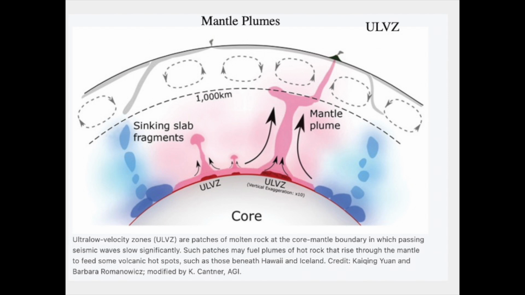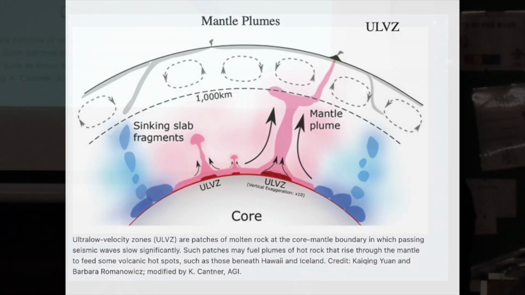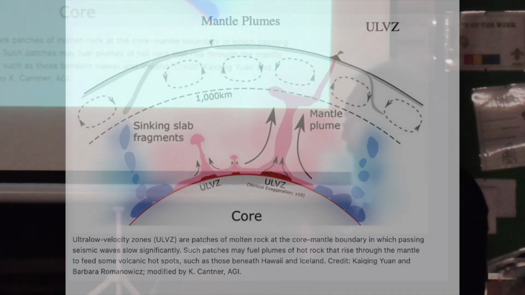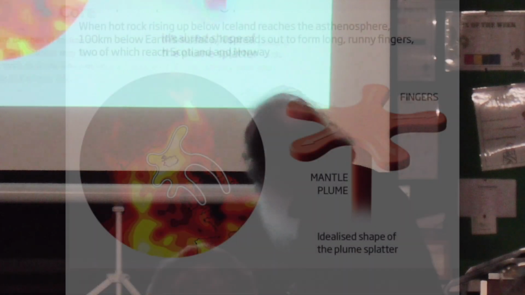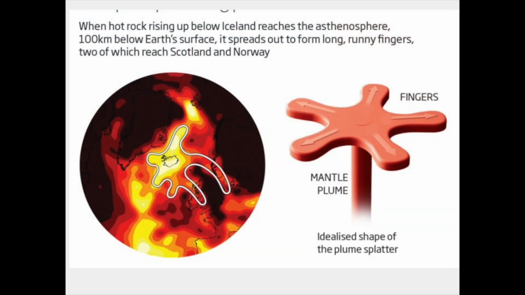And what happens is you get this plume of extremely hot mantle material coming up and eventually pushing its way up through the asthenosphere and creating a mantle plume. And they're very classic structures. You can see them. They have fingers of mantle, which is called underplating. It's called a plume splatter.